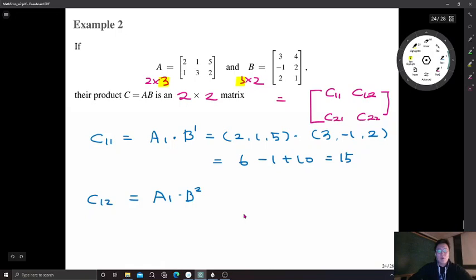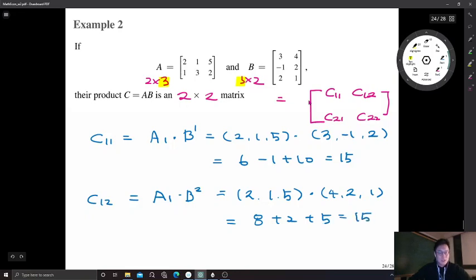So A sub 1 is (2, 1, 5), and B super 2, the second column vector, is (4, 2, 1). So now we compute the dot product between these two vectors. So 8 plus 2 plus 5, which is 15.